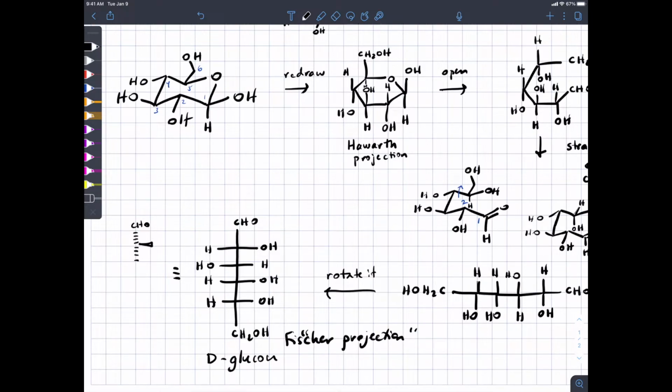And the bonds that are left and right are considered as though they were coming out at you. So you're looking down on an sp3 hybridized carbon from a strange perspective. If you want to figure out how to do that, you can make a model. But basically, when you draw the Fischer projection, you're really communicating this kind of structure.